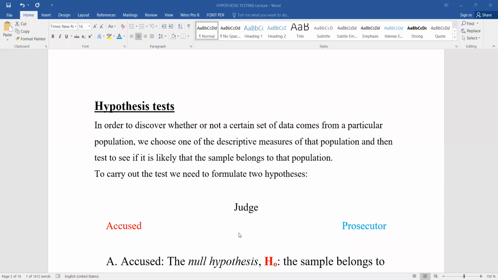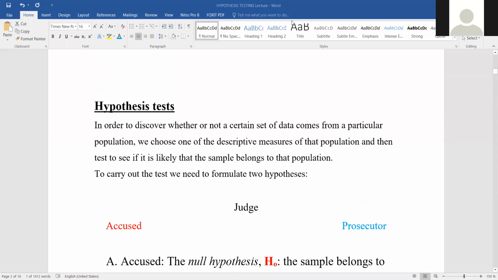Likewise, hypothesis tests also follow the same. We shall have the accused, then the prosecutor, then the judge, and then we shall have the conclusion.